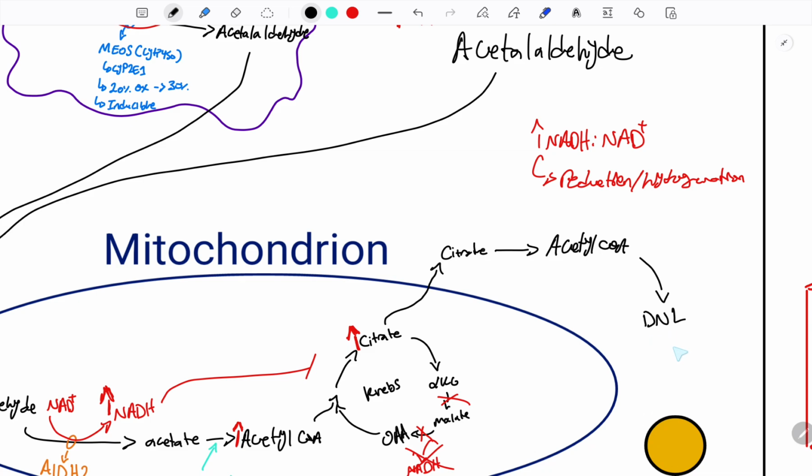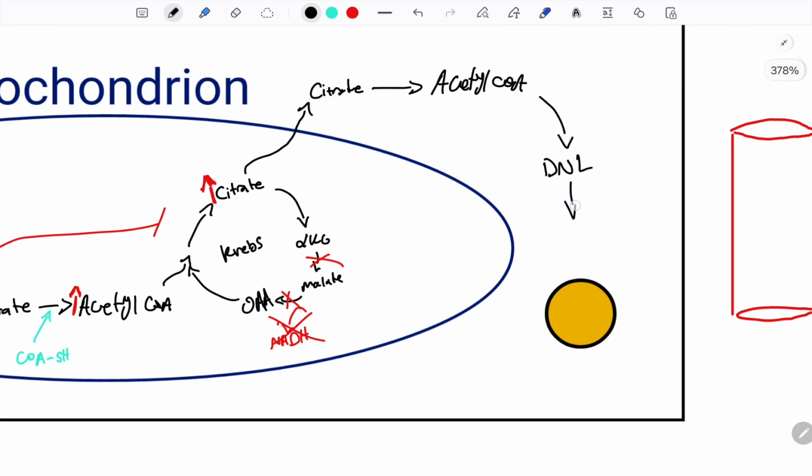Okay, so de novo lipid synthesis stands for making fat. Okay, making fat out of nothing, out of scratch. And look at this, we're gonna build some fatty acids. And these fatty acids can actually be incorporated into the lipid droplets or the fat storages of the liver, right?